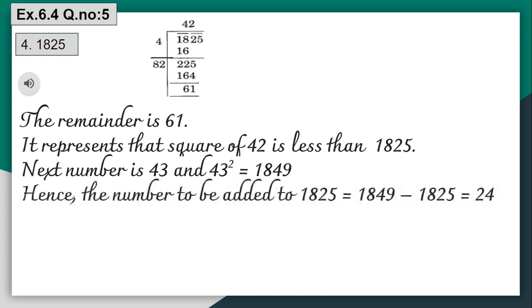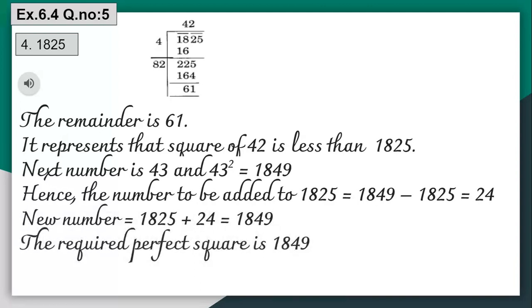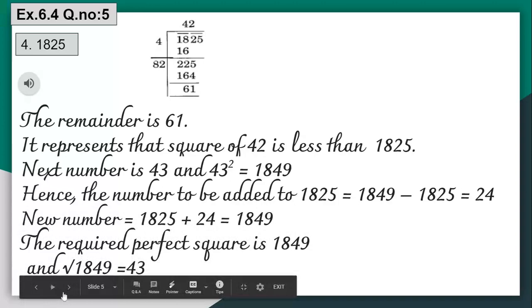That is equal to 24. So new number is equal to 1825 plus 24, that is equal to 1849. So the required perfect square is 1849 and root 1849 is equal to 43. Clear?